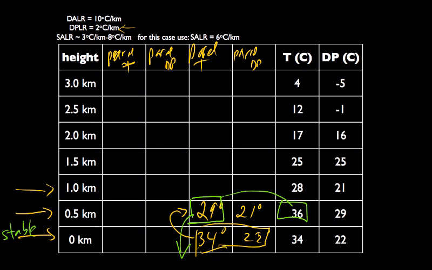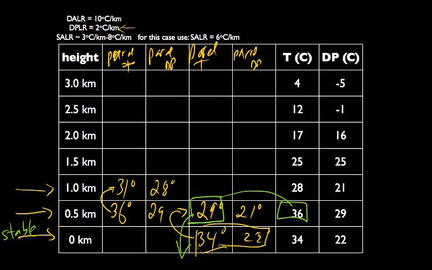So we start off with 36 degrees for the parcel and 29 degree dew point. We force it up one level. This brings this down to 31 degrees, and the dew point goes down to 28 degrees. So we're still dry, we're still unsaturated.